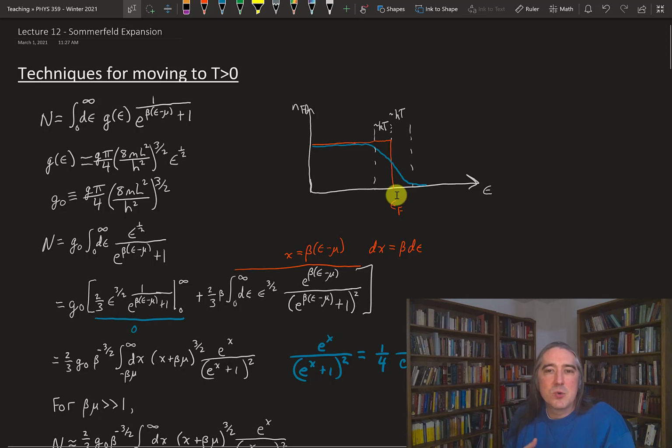So if we could somehow take this fact, all the interesting physics is here, and turn that into something that can help us do the integral, that would be great.